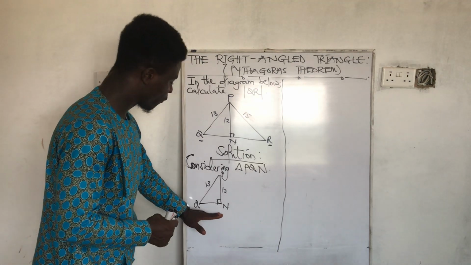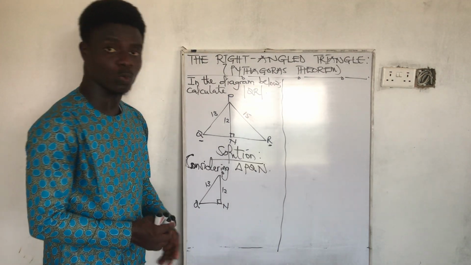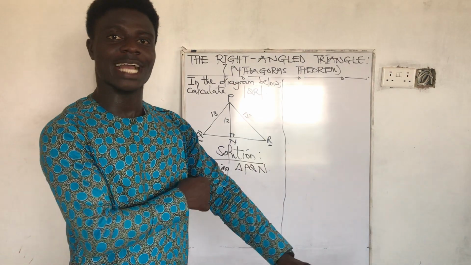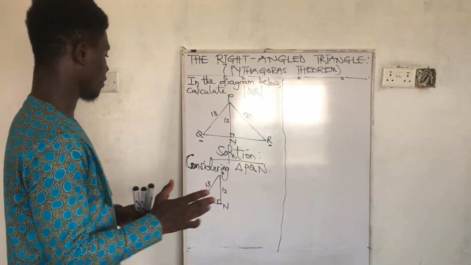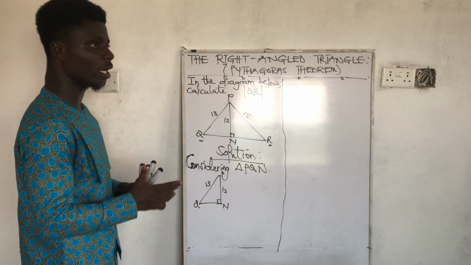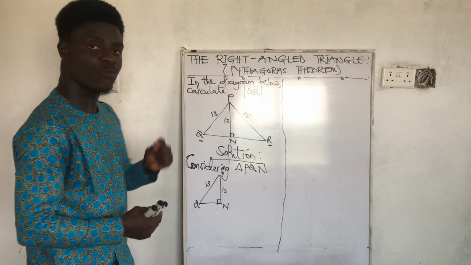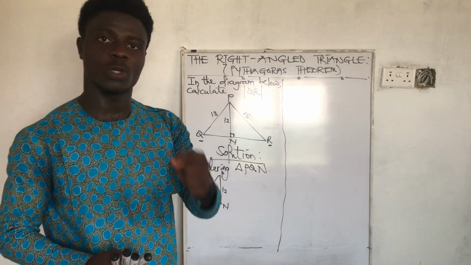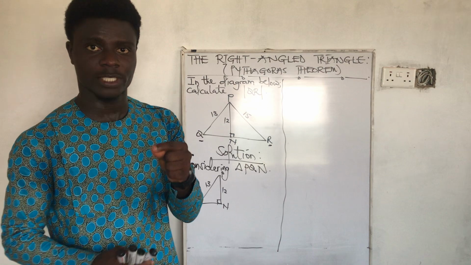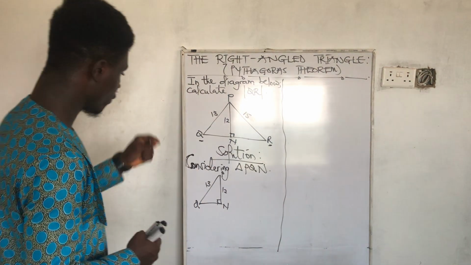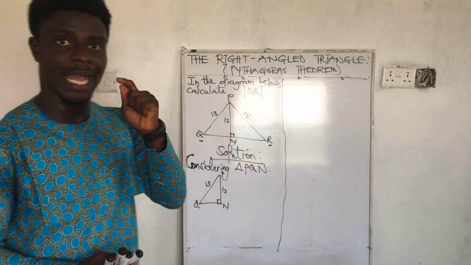Because this plane figure here is a right angled triangle. So here, you first have to locate the hypotenuse.